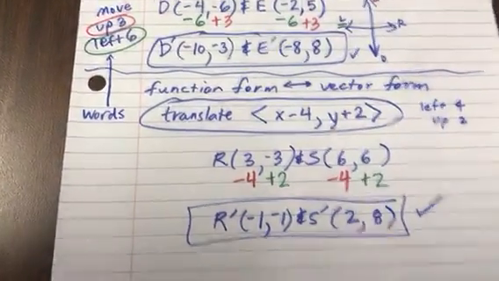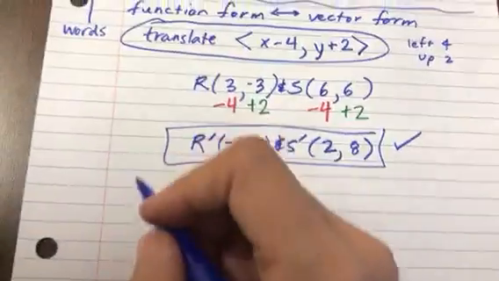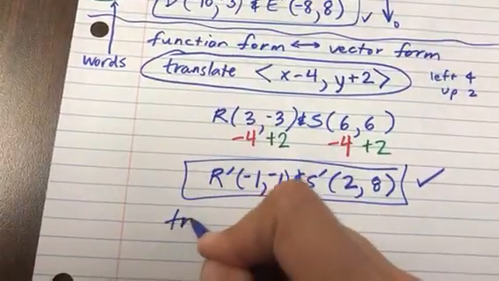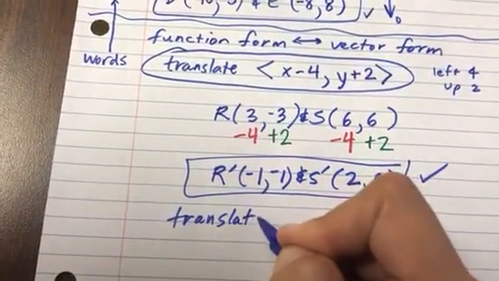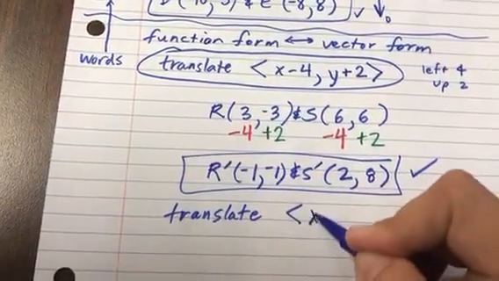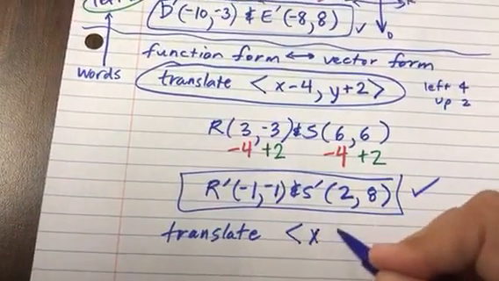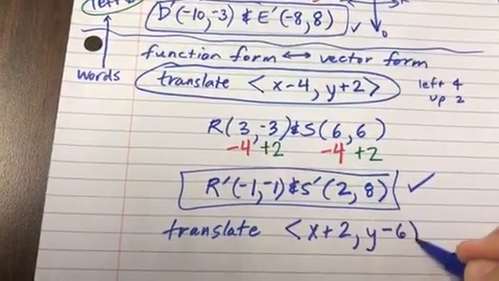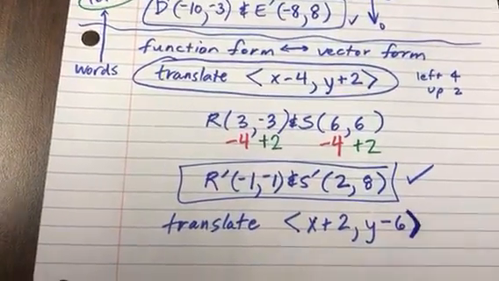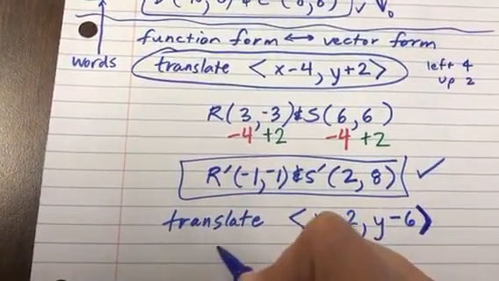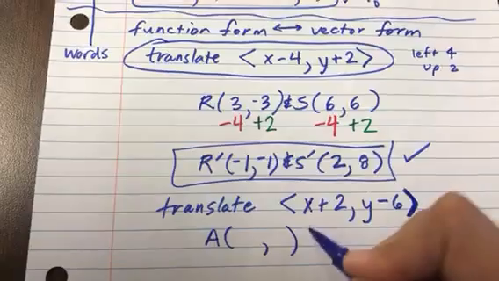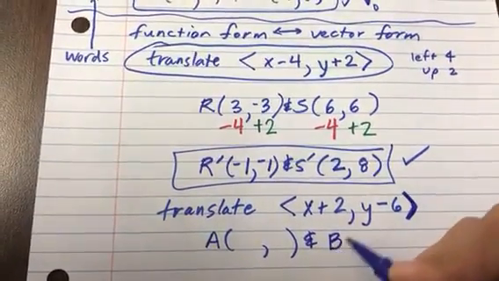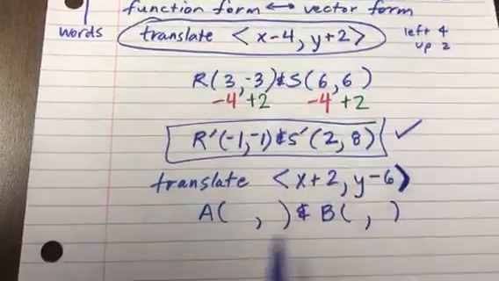One more time, just to make sure it sticks in our brain, I'm going to do a translation rule: bracket x plus 2, comma, y minus 6, end bracket. If they tell me that, and they give me a coordinate, and another coordinate, so that would be 2 endpoints, that makes a line segment.